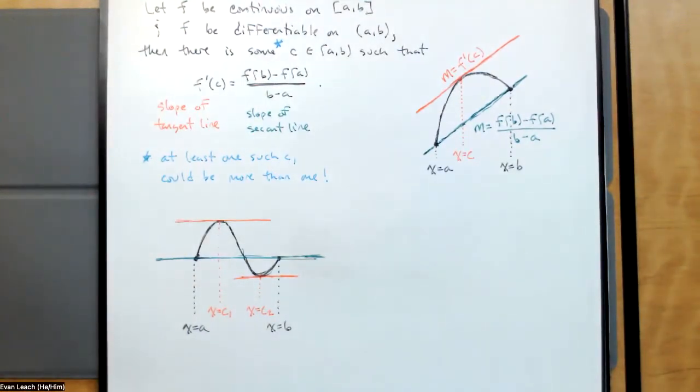The slope of the secant line connecting the endpoints is 0. And in this case, there are 2 points where the slope of the tangent line is equal to 0.